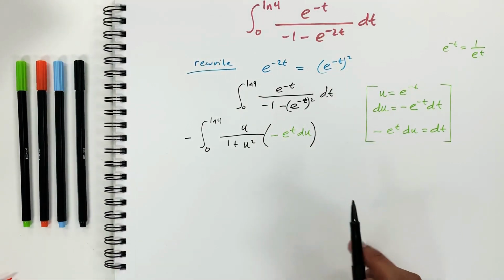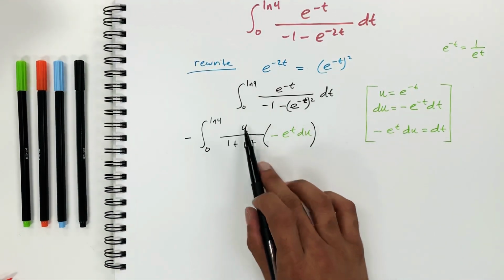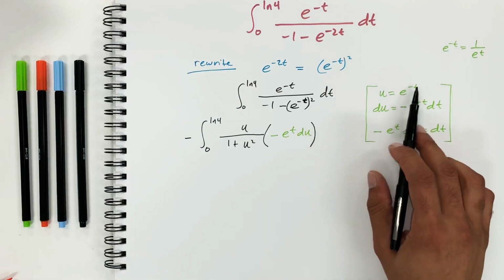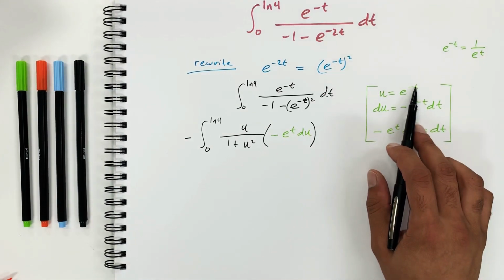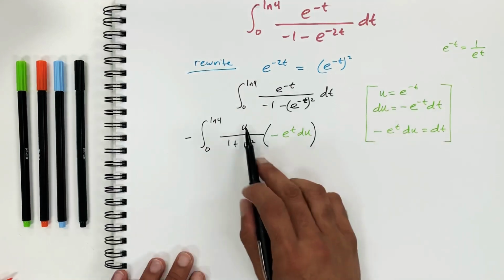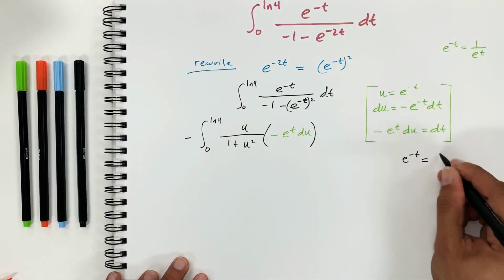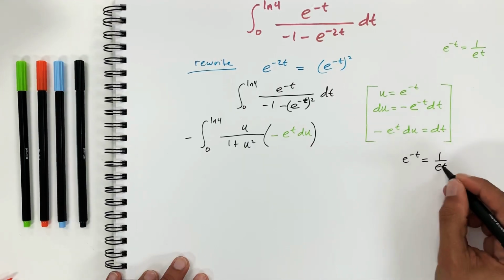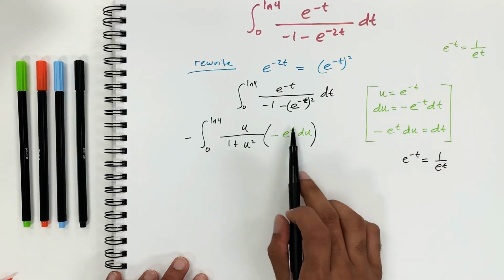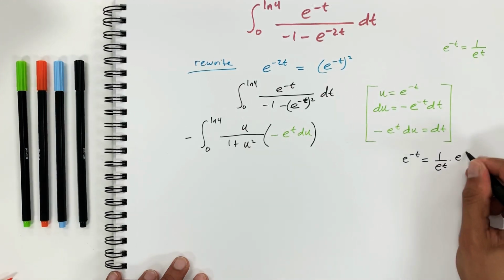If we notice, u is equal to e to the negative t. So up here what I have is e to the negative t, which is 1 over e to the t, and right next to it I have times e to the t.